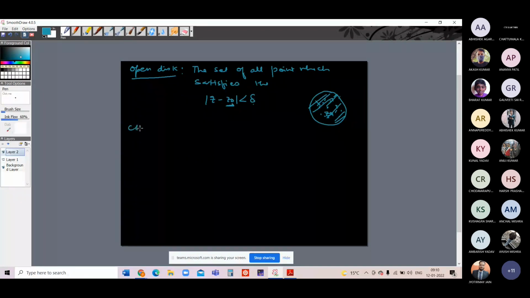In the same way, a closed disk. The closed disk will be the set of all the points which satisfy |z - z0| <= delta.